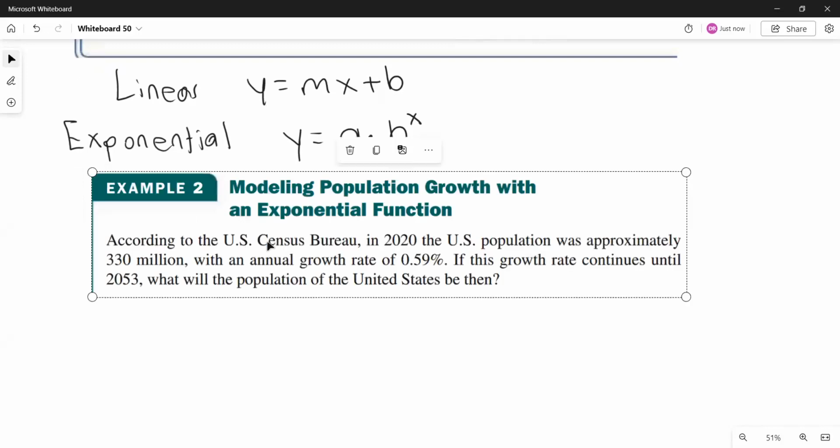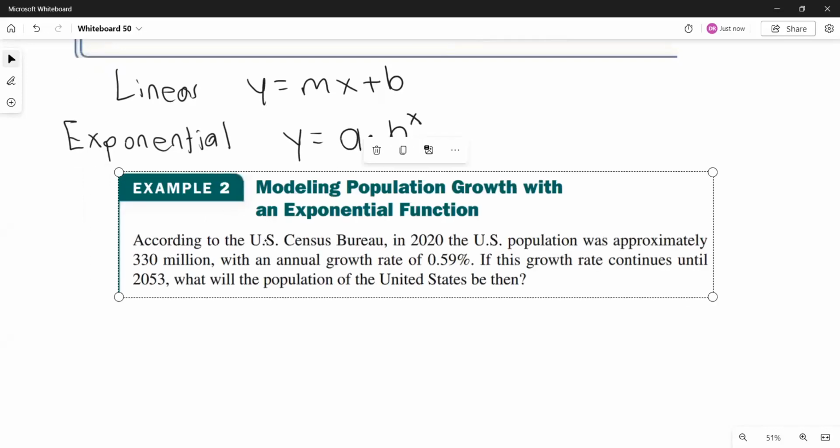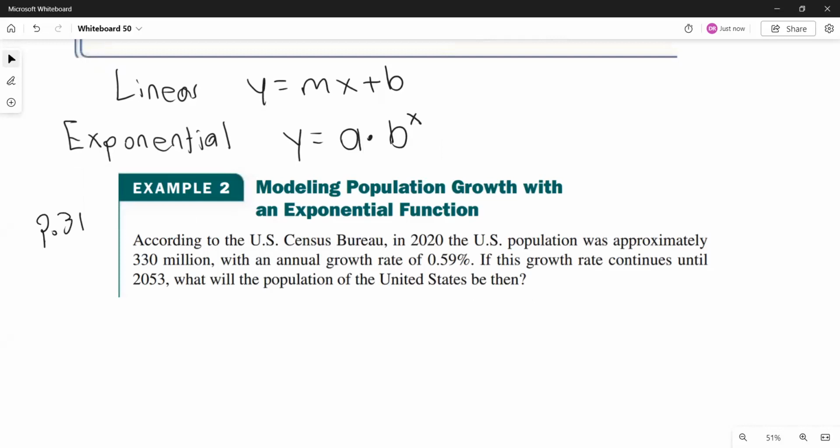And here's the example. According to the US Census Bureau, in 2020, the US population was approximately 330 million, with an annual growth rate of 0.59%. If this growth rate continues until 2053, what would the population of the US be then?